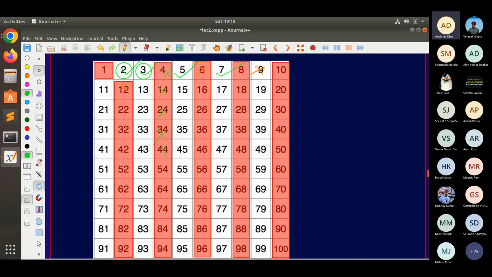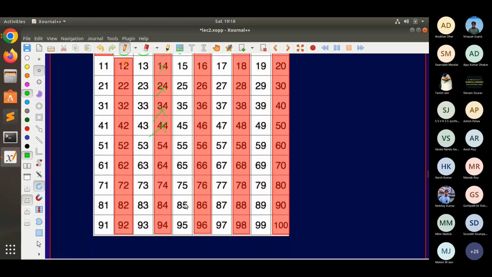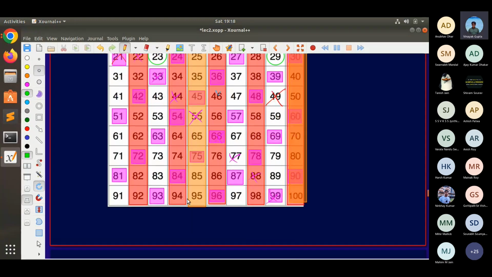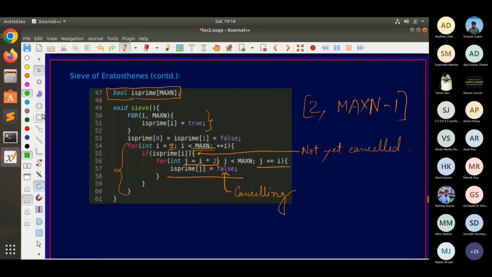I don't need to retick stuff, right? I hope this is clear. Okay, so this is the part where you tick, and this is the part where you check if this is ticked, and this is the part where you put a cross on it. So for all multiples of the prime that you just found, you cross out all its multiples.